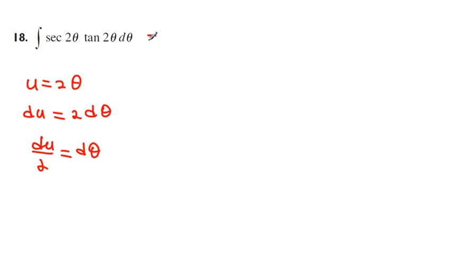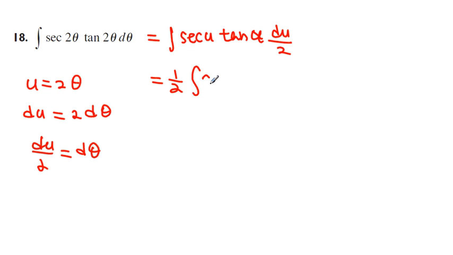Then we get to realize that this must be equal to secant of u times tangent of u and du over 2. Now, if you have to rewrite this one, we end up getting 1/2 secant of u, tangent of u, and du. But what is secant tangent?